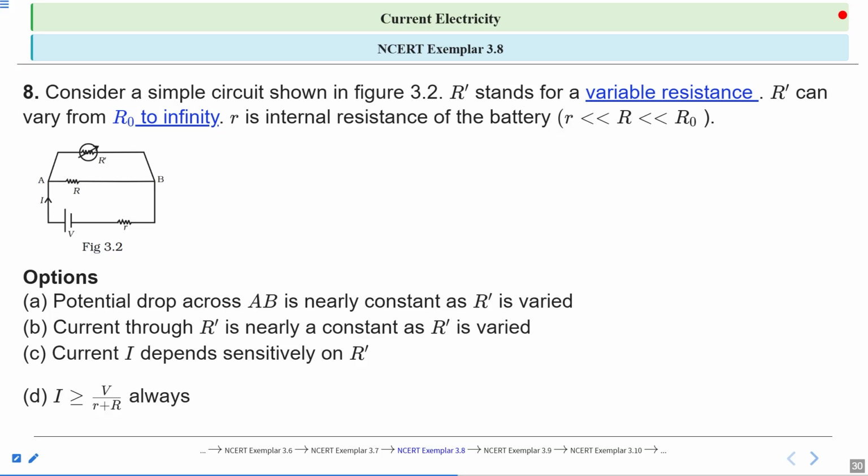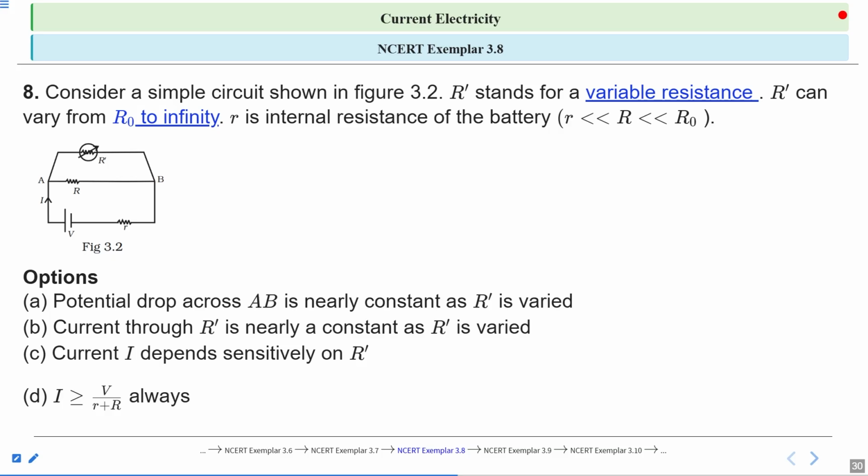So small r is much less than capital R, and capital R is much less than R naught. Now the variable resistance R dash can vary from R naught to infinity. Got it?